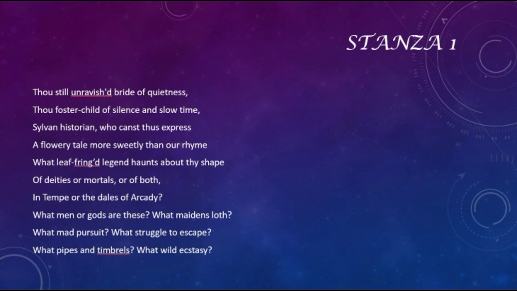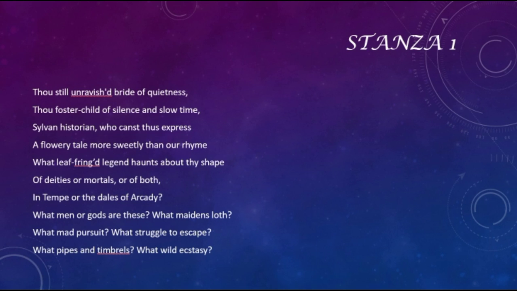Second line: foster child means adopted child. Sylvan historian: sylvan refers to the way in which the urn tells the tale. Sylvan means inhabitant of the forest, because it was a country scene which was depicted upon the urn. Next word is mortal. Mortal means human body, and frieze means a decorative border.